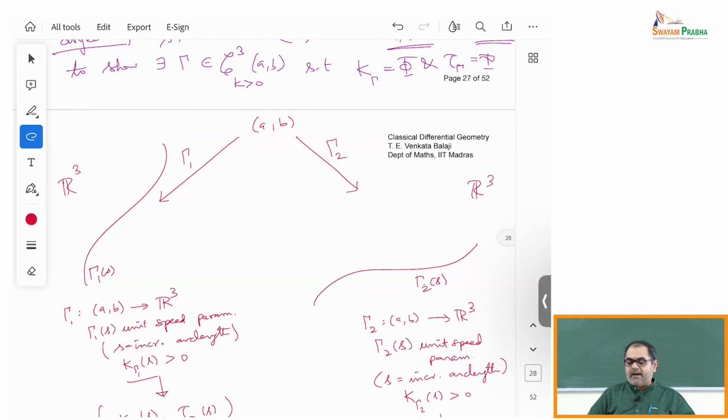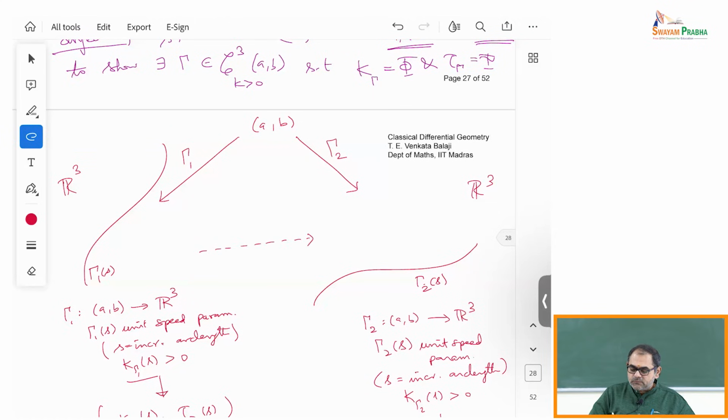Of course I am confusing the map, the parameterization, with the curve that it traces, but you understand what is being meant. All right. So now, what you want is to show there exists a rigid motion m which takes gamma 1 to gamma 2. You have to show such a rigid motion exists.